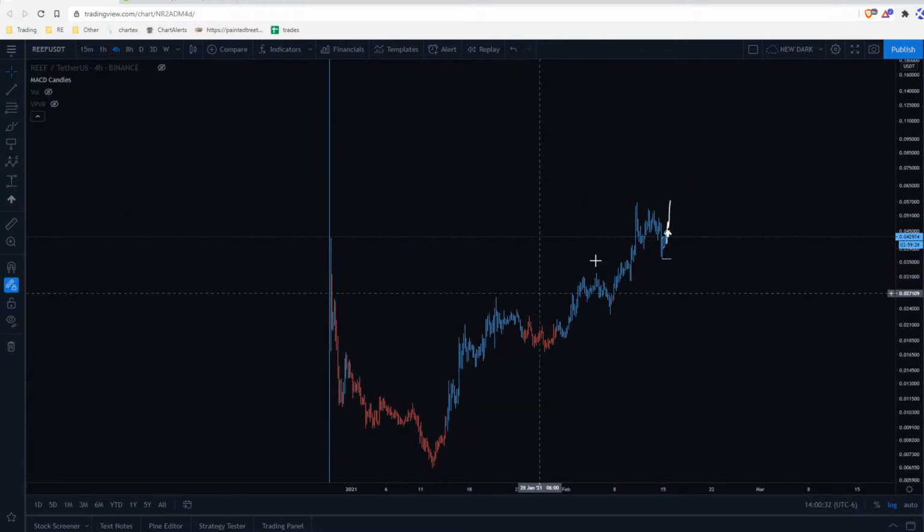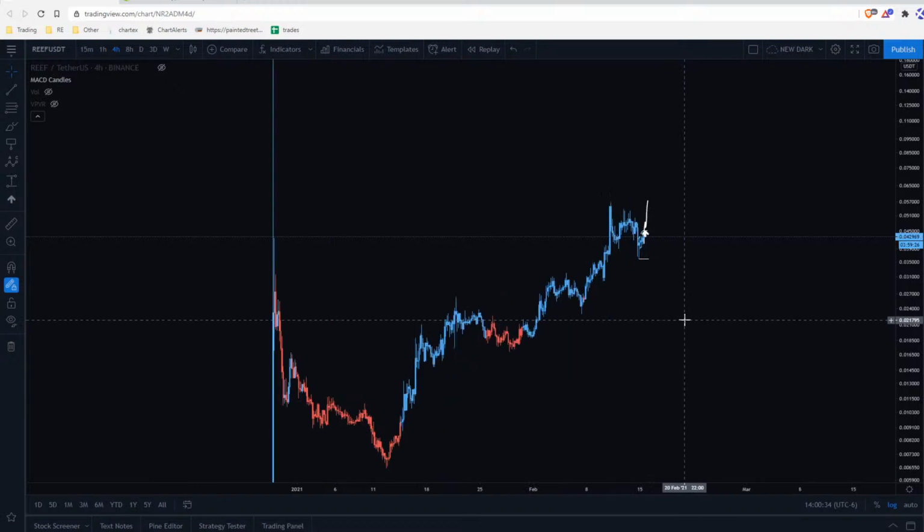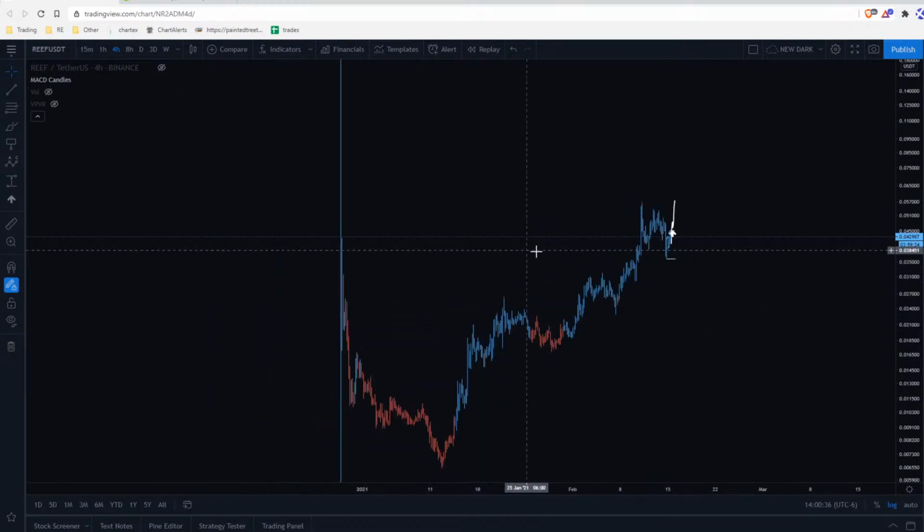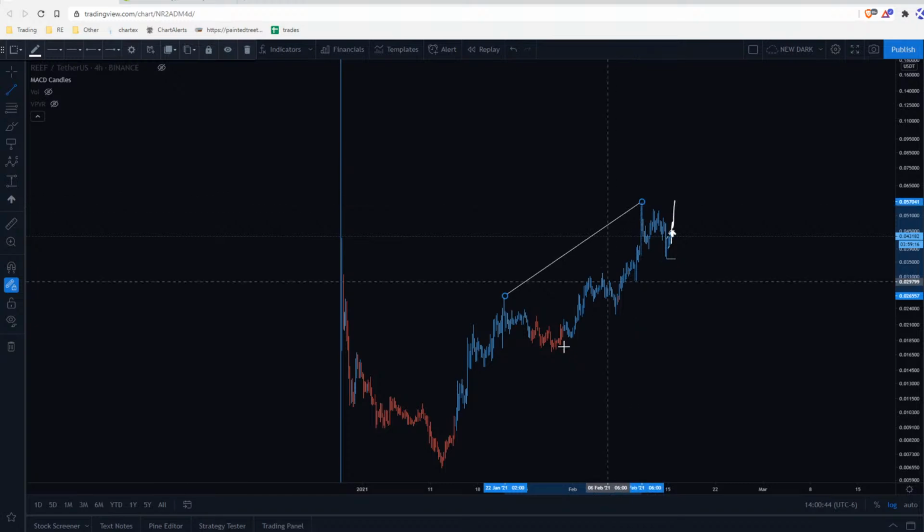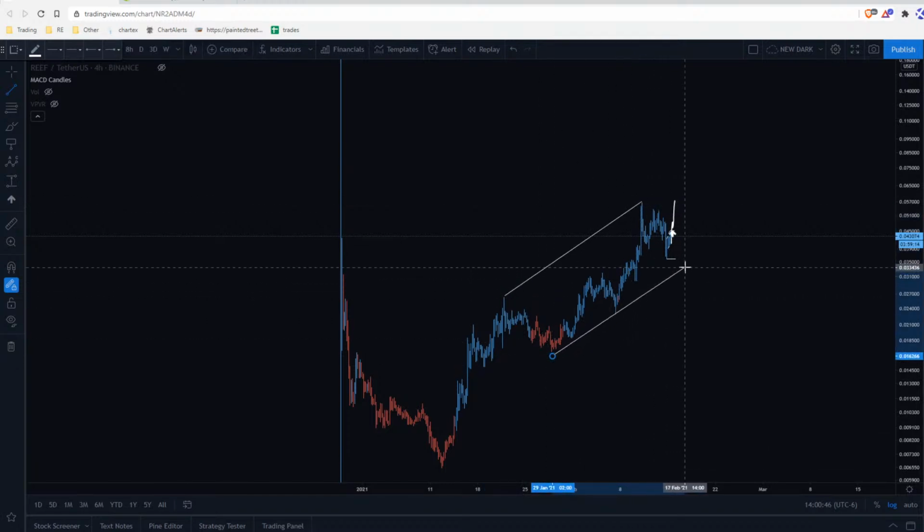This could be a large flat right here. It could even kick down one more time, so that would be a concern of mine. That would be one reason to wait for this kind of move, because it could be a flat like this with one more kick down, but it could also be complete.